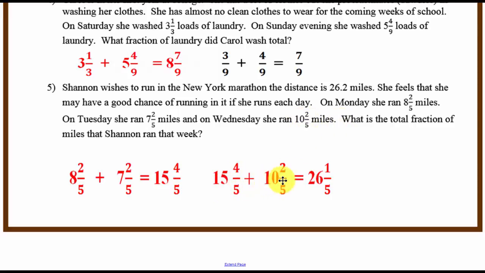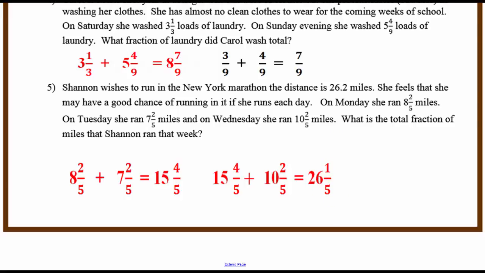So 15 and 10, right? But look carefully here. We have 4/5 plus 2/5. Okay, so that's going to be 6/5. That's an improper fraction. So what we're going to do simply here is add 1. So 15 and 10 plus 1 is 26, and we have 1/5 left over. Now, hopefully you understood what I was saying there.